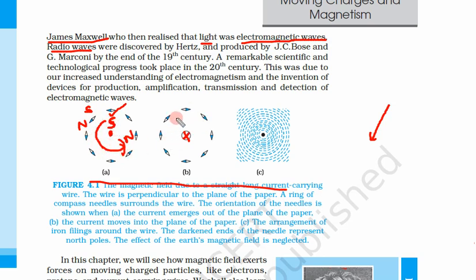In this second diagram, if you see that north is here and south is on the left side, the south to north direction is clockwise. In the same picture, when the wire is carrying some current, here we can see how the iron filings are arranged in a circular fashion.